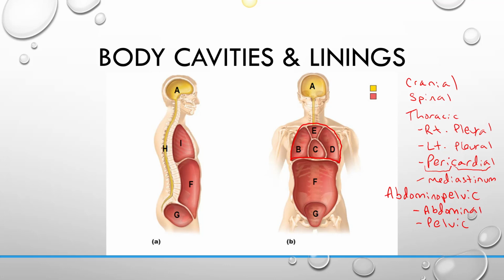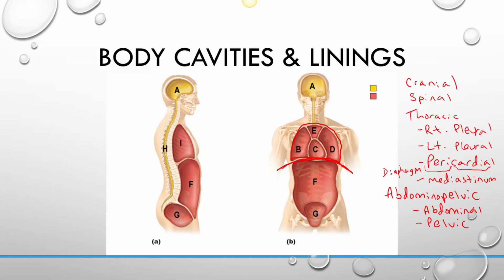We know the difference between the thoracic and the abdominal pelvic cavity because it's divided by this huge muscle that goes across the body right here, known as the diaphragm. The diaphragm completely seals off the thoracic cavity from the abdominal pelvic cavity.